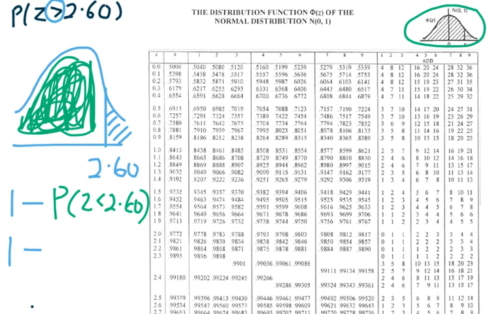The second decimal is 0, on the first row here. So the probability you have is 0.99534, so your green area is going to be 0.99534.